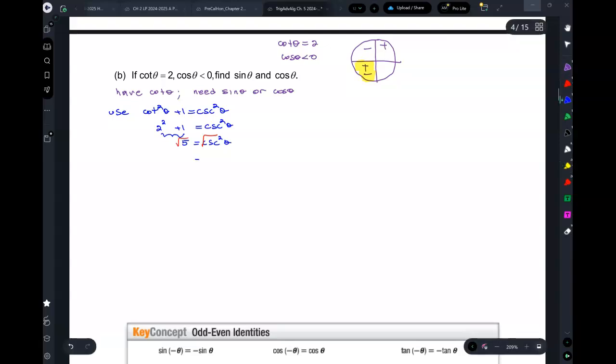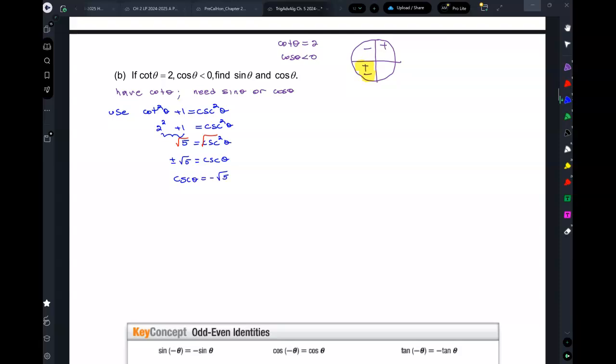So cosecant of theta is plus or minus root 5. So am I going to take the positive or the negative? Are you sure? Cosecant is like sine. Are we going to negative? So cosecant of theta is negative root 5.